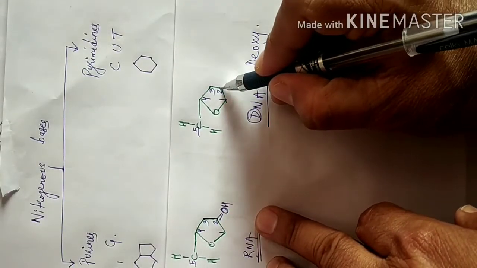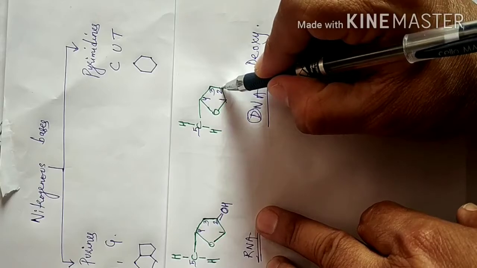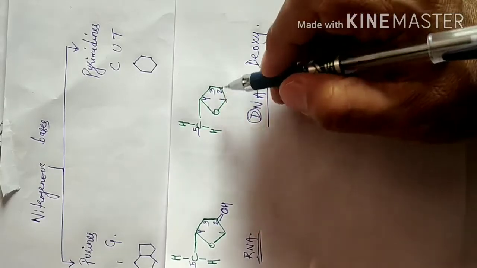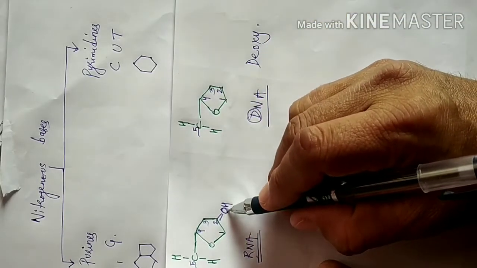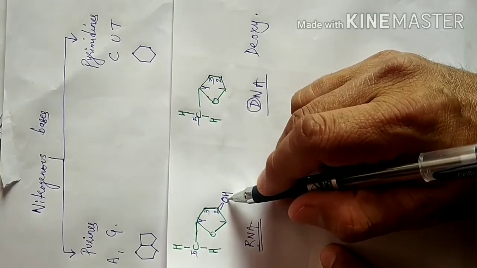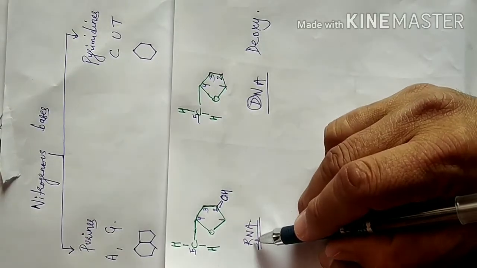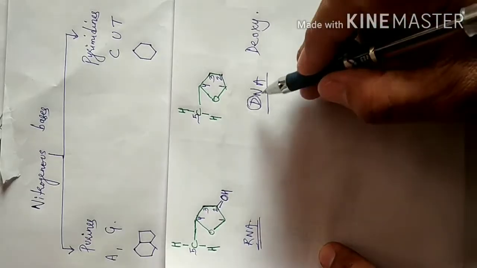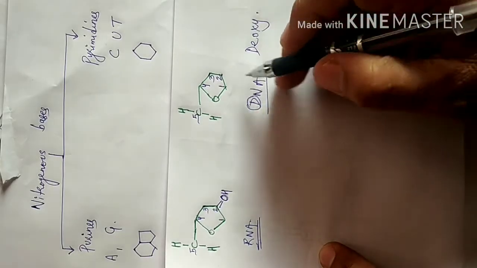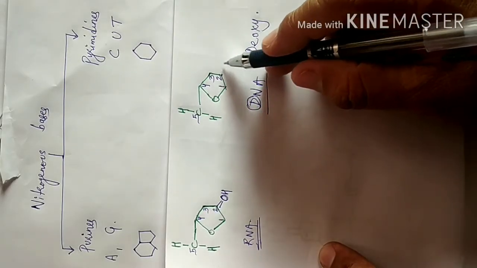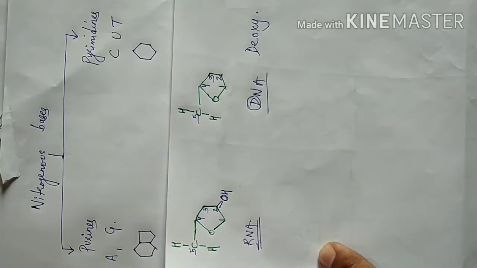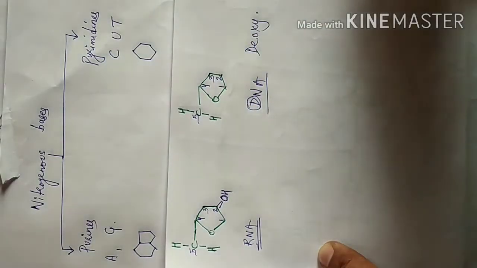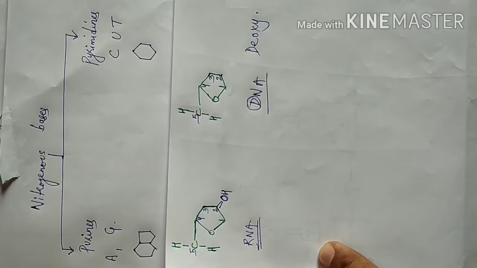So there is absence of the OH group in the 2' position. This is DNA, and where the OH group is present in the 2' position of the pentose sugar, this is RNA. So this is one difference between DNA and RNA which you should remember.